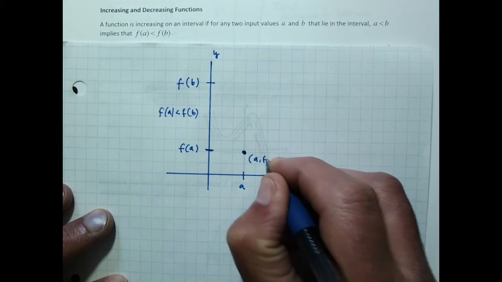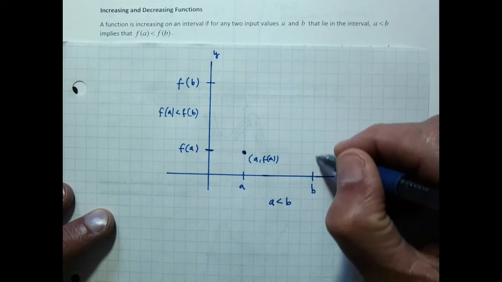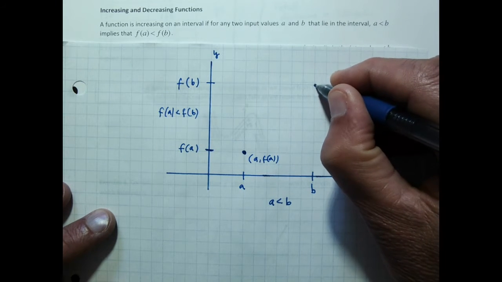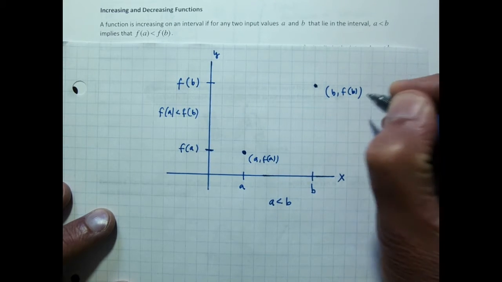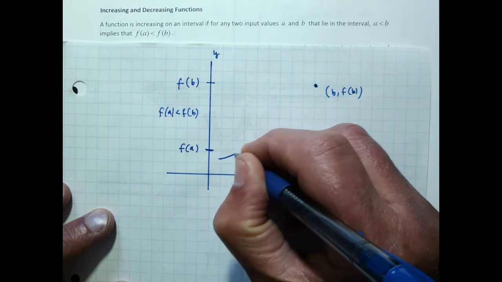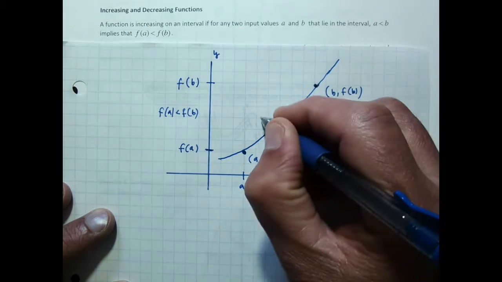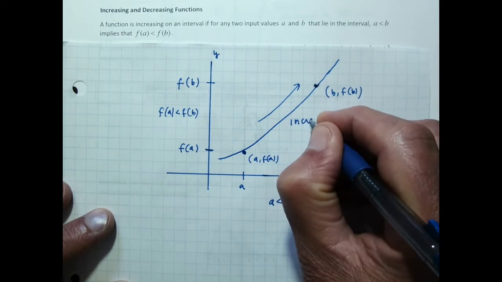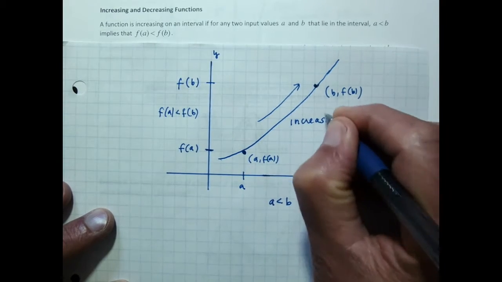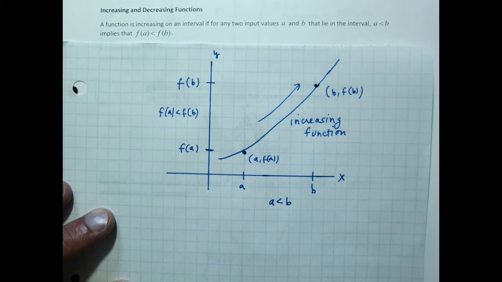We can actually label those coordinates (a, f of a) because f of a is like a y coordinate. And then (b, f of b) is right here. Now we don't know what the graph of the function looks like, but it could look something like that. And the graph is rising as it moves from left to right. This is an increasing function. So that's that first statement, or an increasing graph.